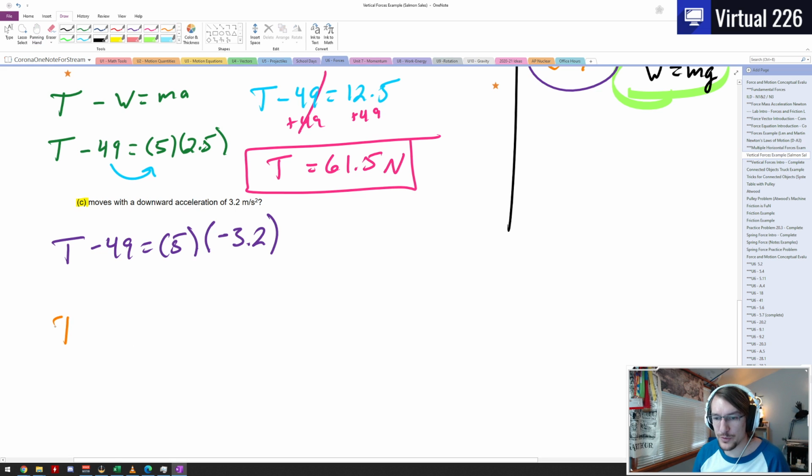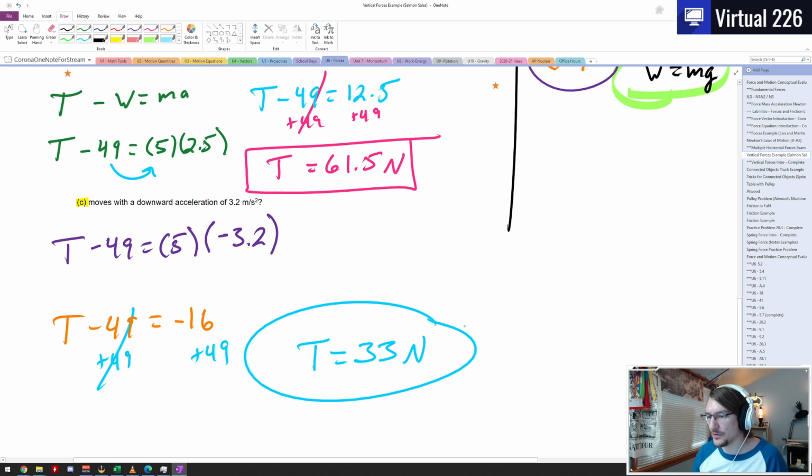So T minus 49 equals negative 16. We then simply add the 49 to each side, and we find that the tension in this case is only 33 newtons.